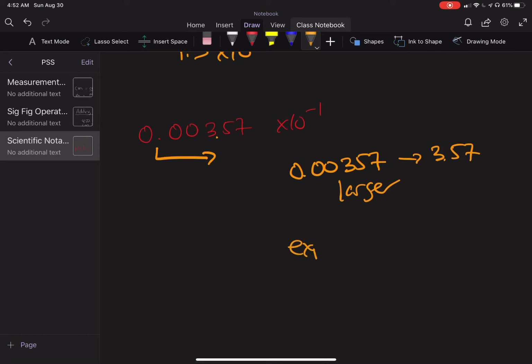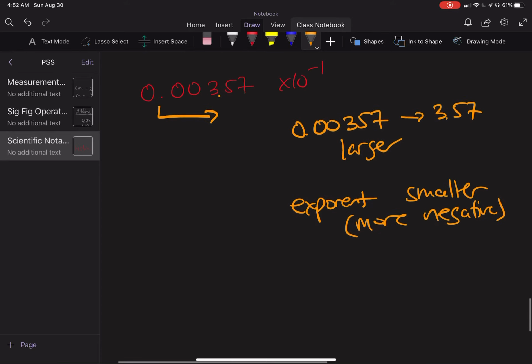So the exponent, we want to make smaller, and I mean more negative. So it's going to become 3.57, negative 1, more negative 3 times, it becomes negative 4 because we moved it 3 places, 1, 2, 3. So it's going to become 3.57 times 10 to the negative 4.